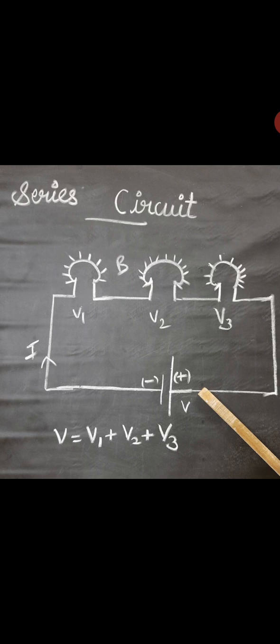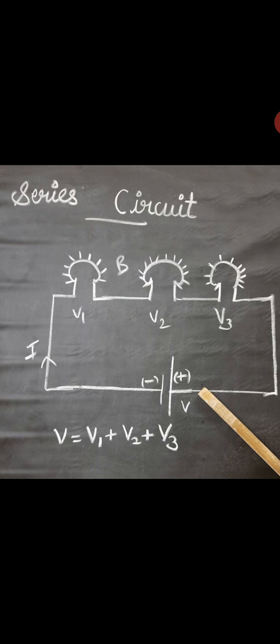All the components in the series circuit are connected end to end, so each bulb is connected to the next one in series. That is why we call it a series circuit.